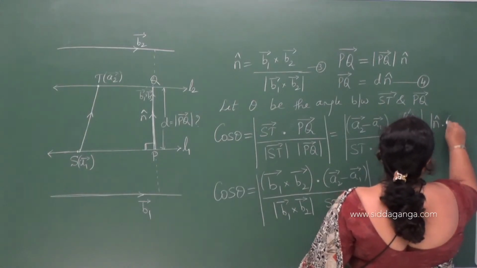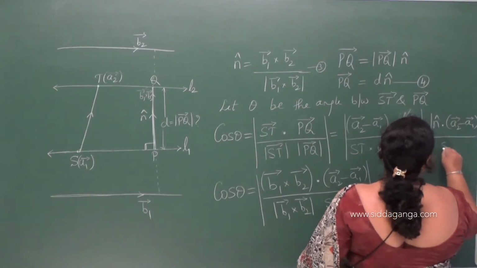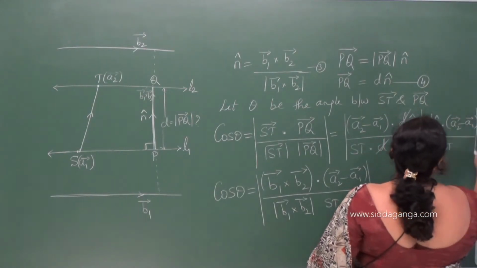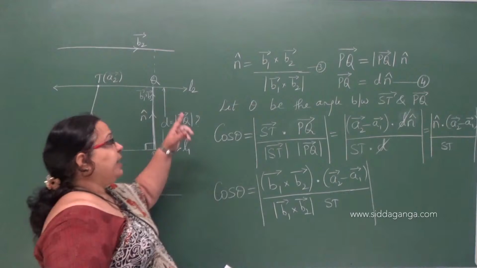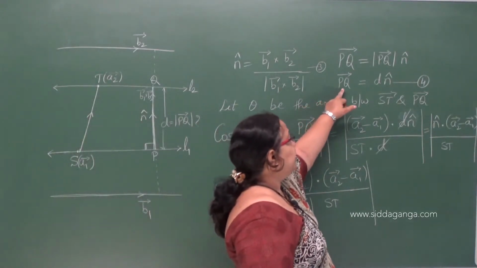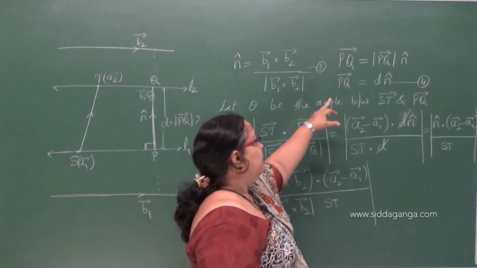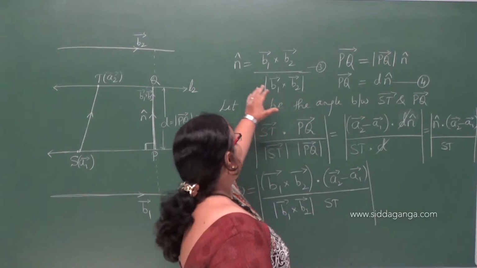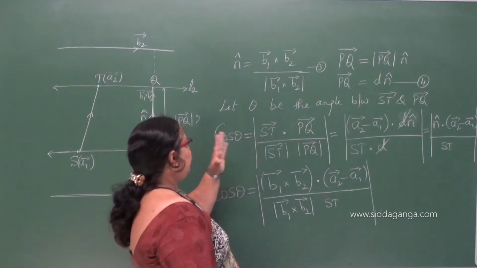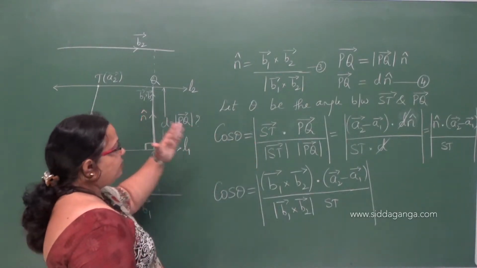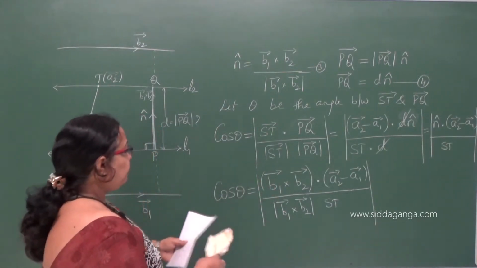This is n cap dot a2 vector minus a1 vector divided by ST ಅಂತ ತಗೊಳ್ಳೋಣ. ಸೊ ಫಸ್ಟು ಎನ್ ಕ್ಯಾಪ್ ಪಿ ಕ್ಯೂ ಲೈನ್ ಸೆಗ್ಮೆಂಟನ್ನು ವೆಕ್ಟರಿಗೆ ಬರೆಯೋದು. ಯಾಕೆಂದರೆ ನನಗೆ ಬೇಕಾಗಿರೋದೇ ಪಿ ಕ್ಯೂ ಲೆಂತ್ ಬೇಕು, ಅದನ್ನು ವೆಕ್ಟರಿಗೆ ಫಸ್ಟ್ ಬರ್ಕೊಳ್ತೀವಿ, ನಂತರ ಎನ್ ಕ್ಯಾಪನ್ನು ಬರ್ಕೊಳ್ತೀವಿ, ನಂತರ ಕಾಸ್ ಥೀಟಾ ಬಿಟ್ವೀನ್ ದೀಸ್ ಟು ವೆಕ್ಟರ್ಸ್ ಡಿಫೈನ್ ಮಾಡ್ಕೋಬೇಕು. ಅವಾಗ ಅವೆರಡನ್ನು ಇದಕ್ಕೆ ಎಂಟ್ರಿ ಮಾಡಿ ಸಿಂಪ್ಲಿಫೈ ಮಾಡ್ಕೋಬೇಕು.